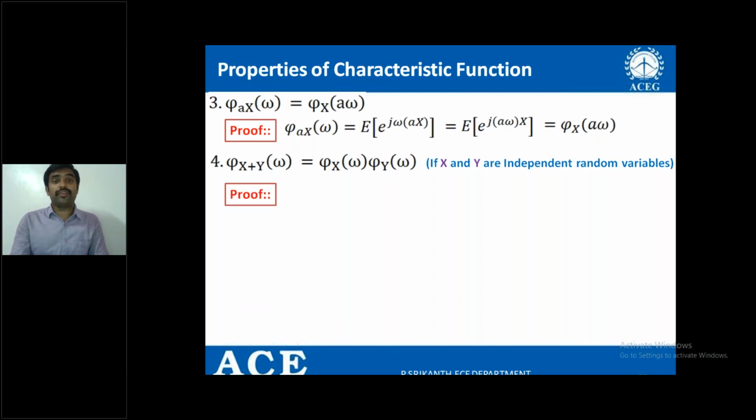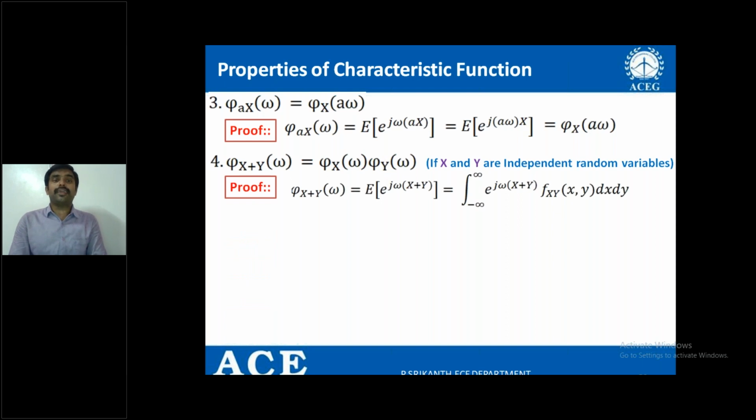You can also prove this property. How do you prove it? Phi x plus y of omega, as per the definition, equals the expectation of e power j omega into x plus y. In the integration form, I can also write it as the integral from minus infinity to plus infinity of e power j omega into x plus y into fxy of x comma y into dx dy.